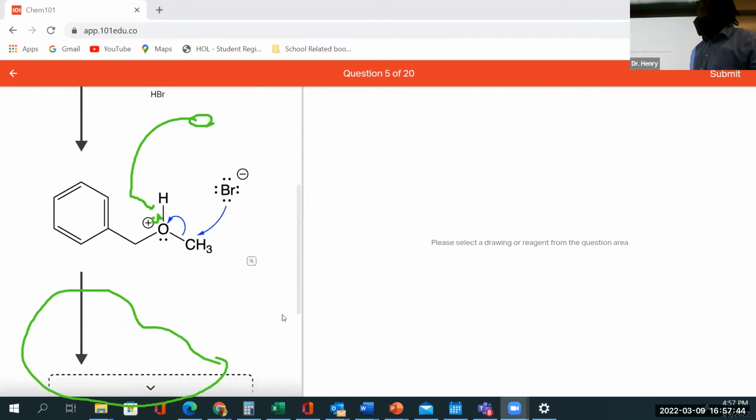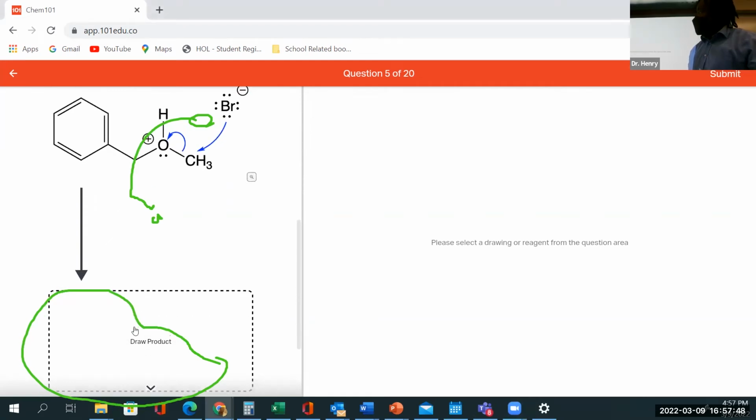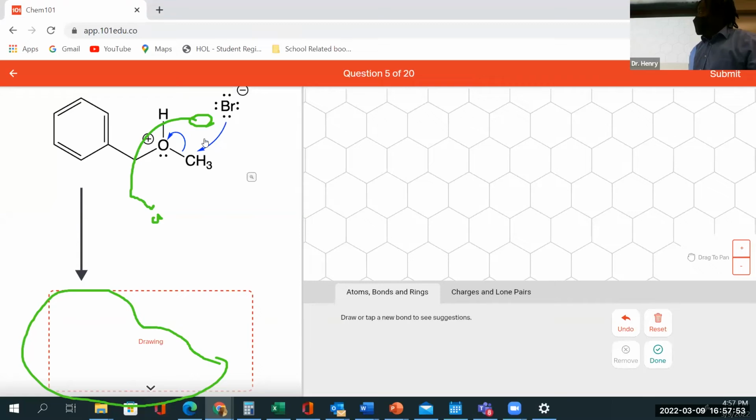So now we got the electrons being donated here. Goes here. What's going to happen here?